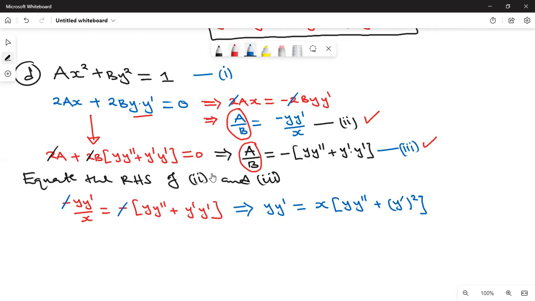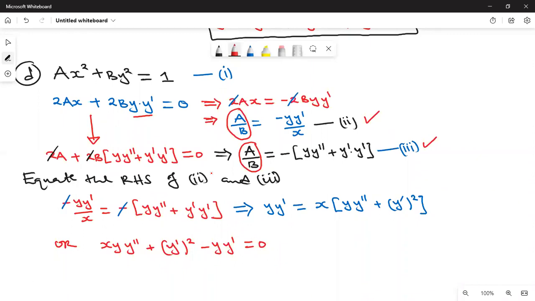If I rearrange, you write xy double prime plus y prime squared minus y prime should be able to give us 0. And that is the required ODE. It lacks the essential arbitrary constants.